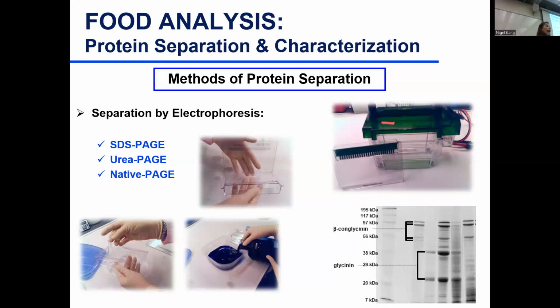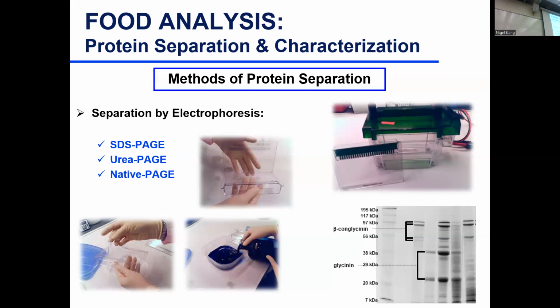With urea, we have unfolding of protein because it results in protein denaturation, but no charge is induced because it has no charge. So dissociation of subunits doesn't happen unless it happens because of unfolding. There is no charge.